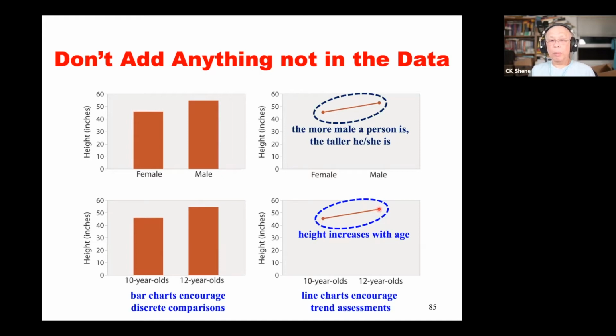So remember this, line charts encourage trend assessment. Here, using a line chart may be okay, but for this one, it's definitely a misleading line chart. So don't add anything not in the data.